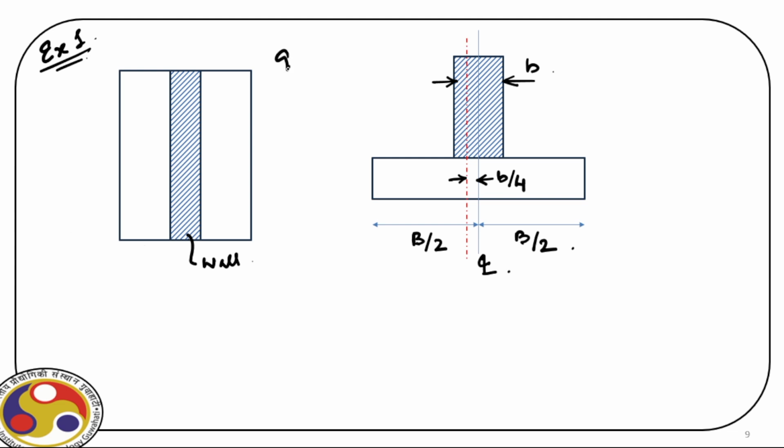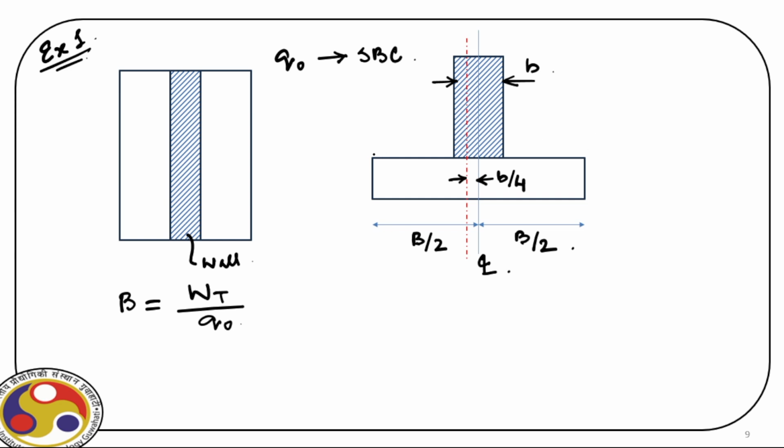Now for the design of this foundation, let us identify all the steps. For this soil, let Q naught be the safe bearing capacity of the soil. Then obviously the size will be B, that is the total weight divided by Q naught.